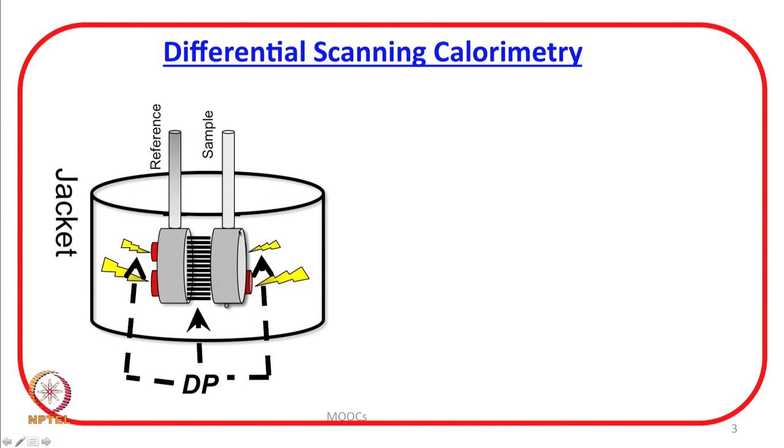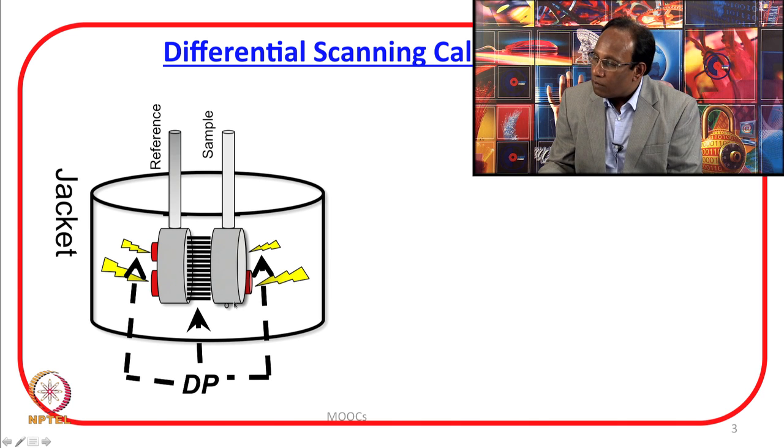When the reaction or the transition starts in the sample cell, what will happen? Since it absorbs energy, additional power needs to be supplied to the sample cell so that the temperature of both the cells remains constant.